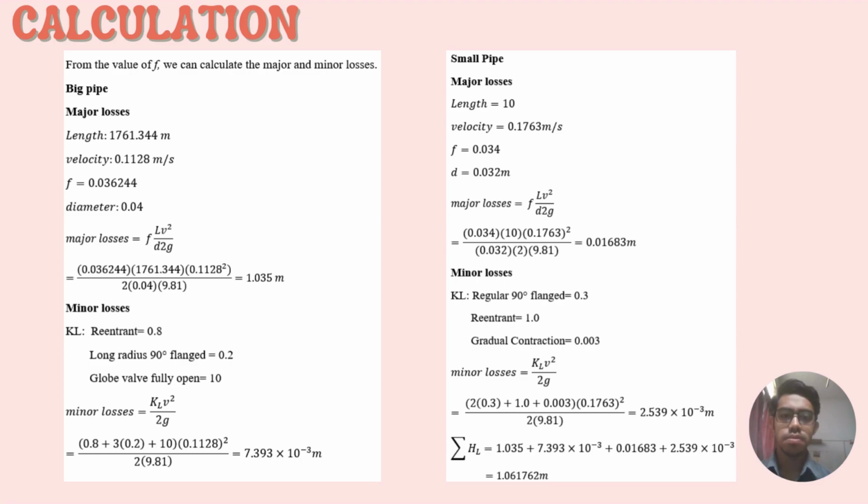The major losses we get 0.01683 meter, and the minor losses we get 2.539 times 10 to the power of negative 3 meter. Next, we need to sum all of the minor and major losses, and we get 1.061726 meter.